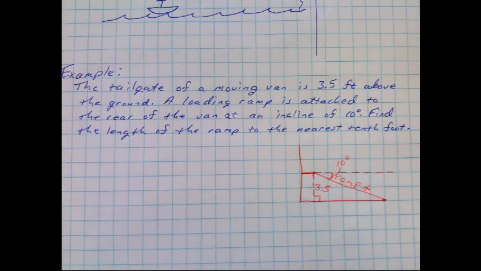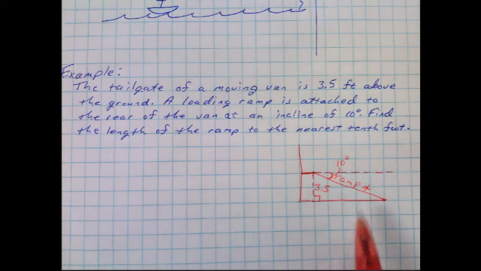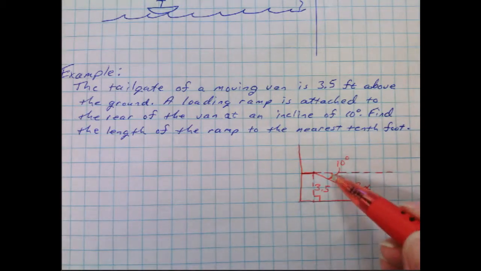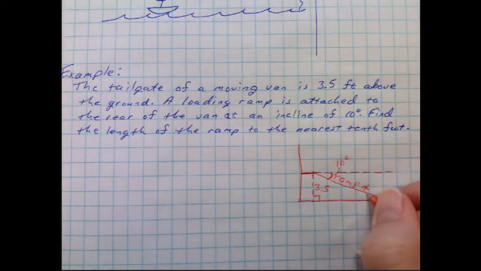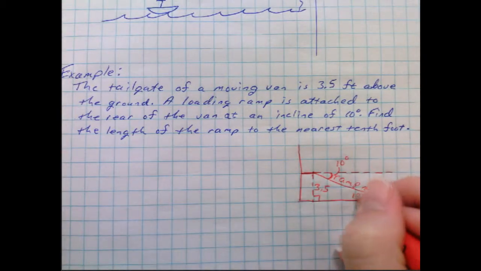Okay, so we can do this a couple different ways, and we're going to go through both of those. The first one is going to be using our parallel lines. We know this is horizontal, we also know this is horizontal. So if we have two parallel lines cut by a transversal, our alternate interior angles are going to be congruent. So this angle down here is also 10.